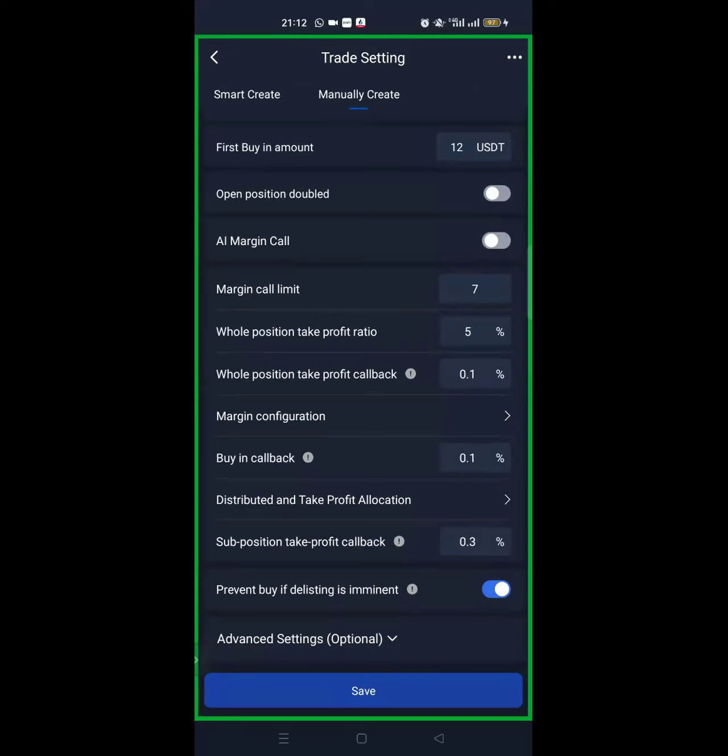So sub position take profit callback is still the same thing as the whole position take profit callback that I explained, but this particular one controls your margins from your fifth call downwards. That's what it controls.